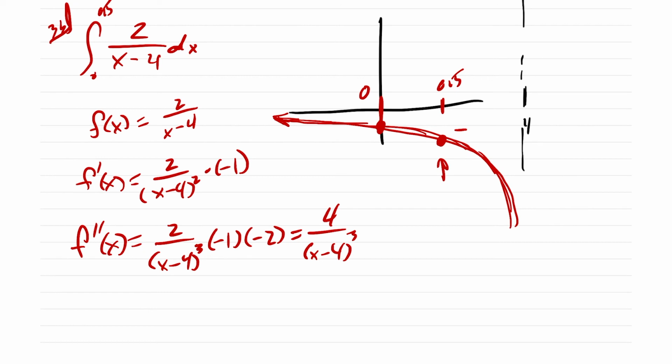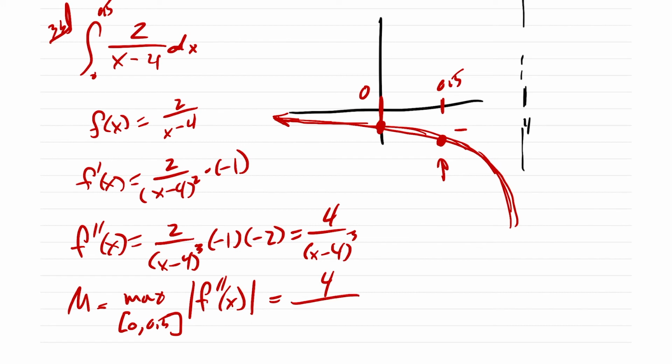So M, which is equal to the maximum over, say, 0 to 0.5 of the absolute value of f double prime of x, is going to be equal to 4 divided by 0.5 minus 4 cubed in absolute value. And so that's going to be 4 divided by 1/2 minus 4, or 4 minus 1/2, so that's going to be 7 over 2 cubed.